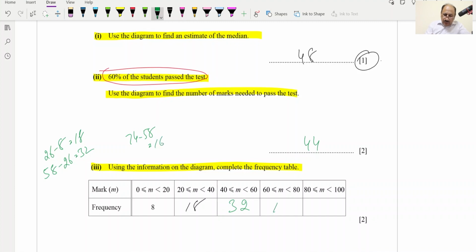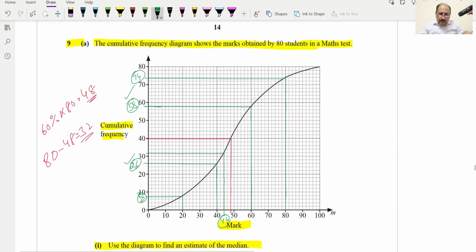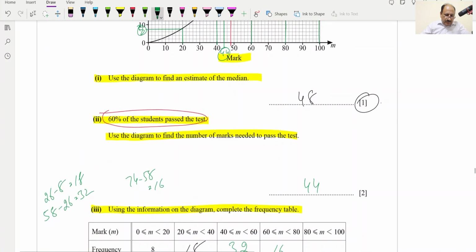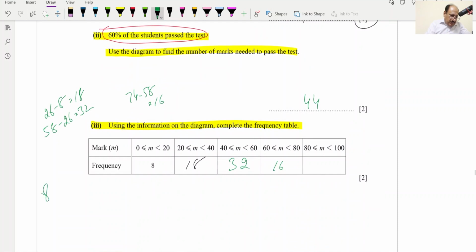Then 80 to 100. 100 is this reference, which is 80. So 80 minus 74 will be equal to 6. So 6 will be over here.